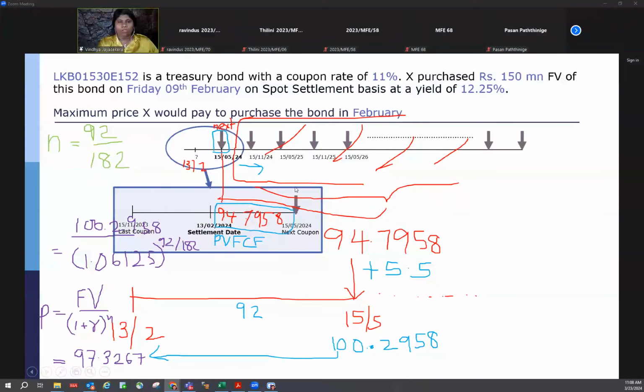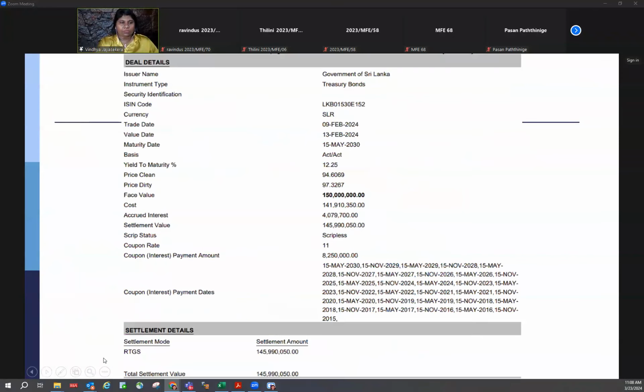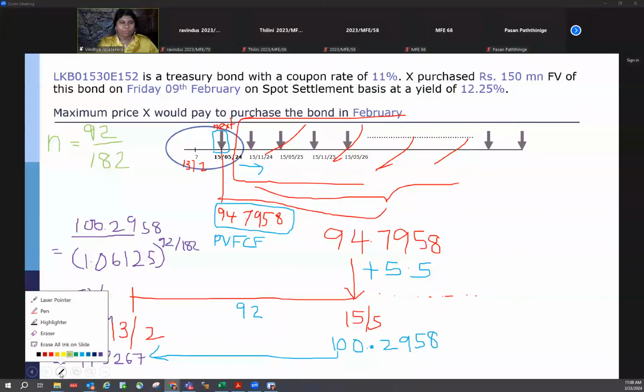That next coupon plus the 94.57, we've discounted it to settlement date. Now we've got this answer, 97.3267. This is the answer that we have.